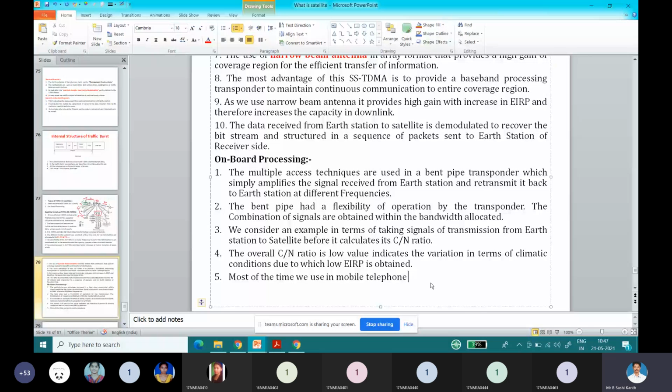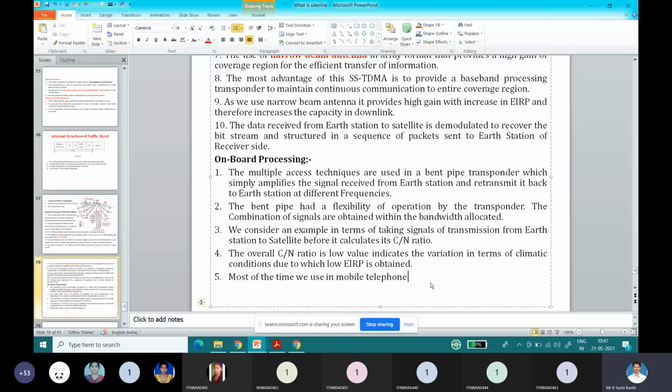So the data is transmitted in terms of packets from the satellite with an address value stored that identifies the earth station to which it is to be sent.